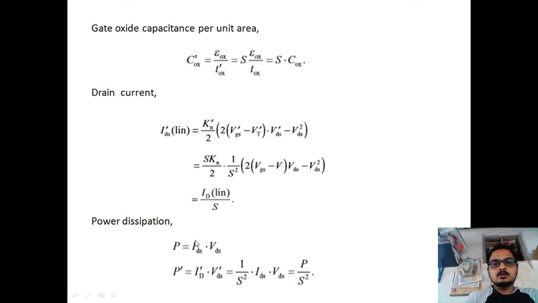Substitute the scaled values: in place of VDS we get VDS by S when you scale the VDS, and in place of IDS we get IDS by S. Then S into S gives 1 by S square into IDS into VDS, and IDS into VDS is the power P. So we get P by S square. When we scale using constant field scaling, the power dissipation equals P by S square.